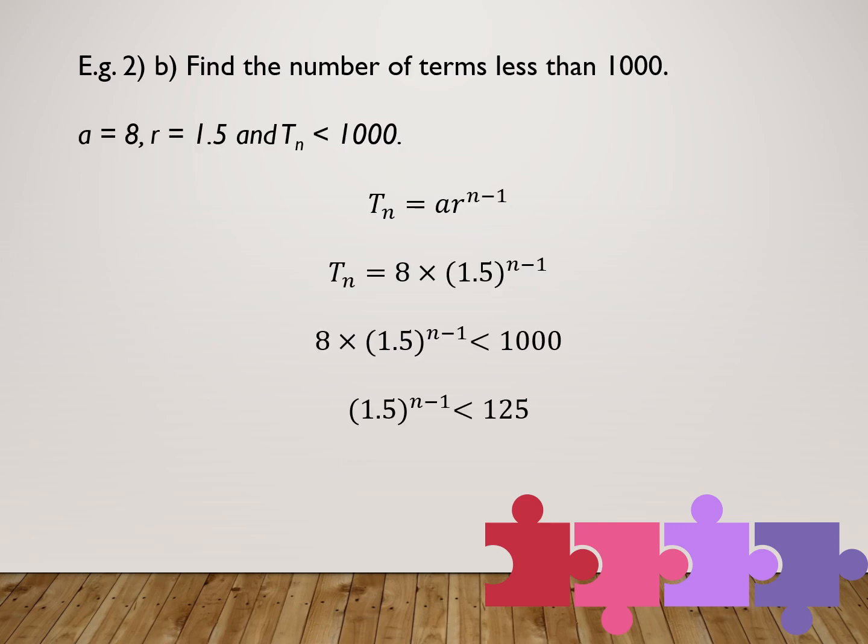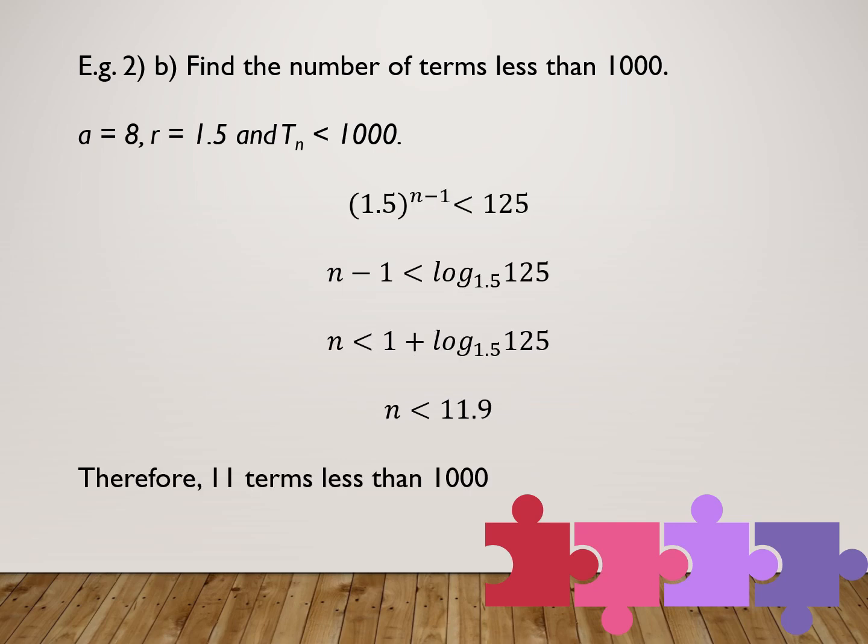Find the number of terms less than 1,000. So a was 8, r was 1.5, and we want the term to be less than 1,000. Putting it into our Tn formula, you get 8 lots of 1.5 to the n minus 1, and we want that to be less than 1,000. So 1.5 to the n minus 1 is less than 125 when you divide by 8.